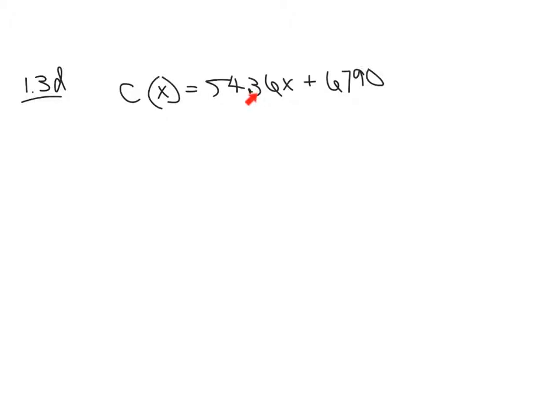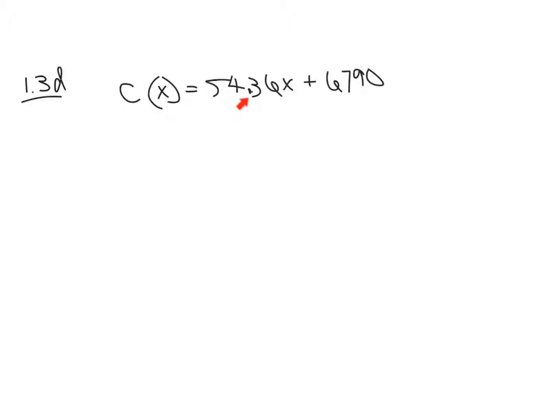Rate of change, which is also called the marginal cost, is 54.36 per unit produced and sold. This means that the production and sale of each additional unit will cost an additional $54.36.